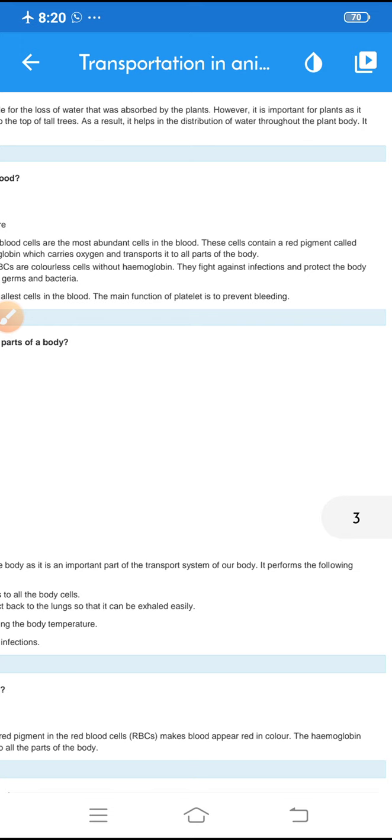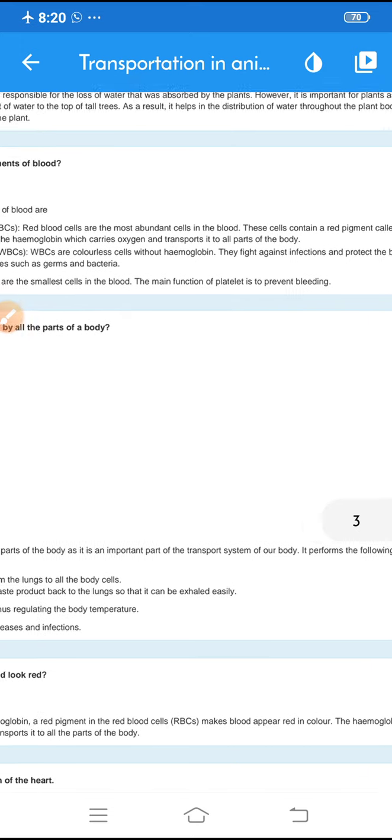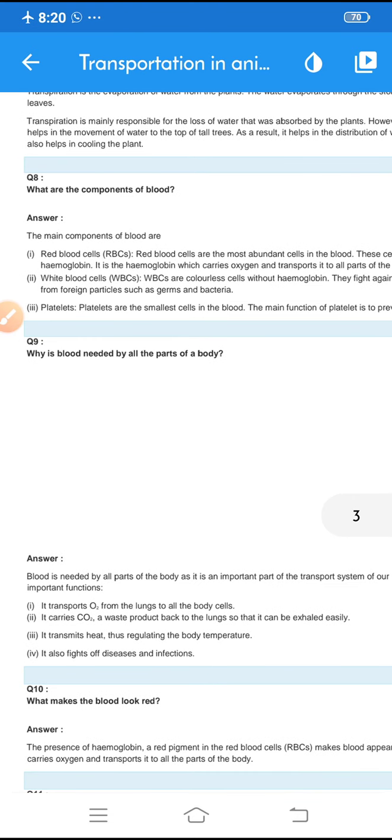However, it is also very important for the plants, as it helps in the movement of water to the top of all the tall trees. Because of transpiration, water moves to the top portion of tall trees.